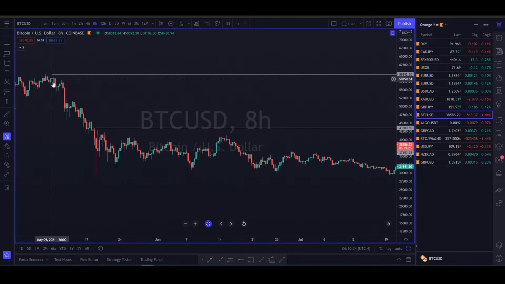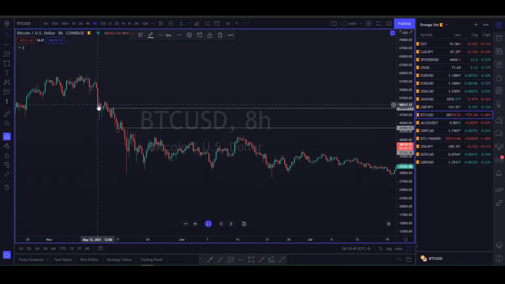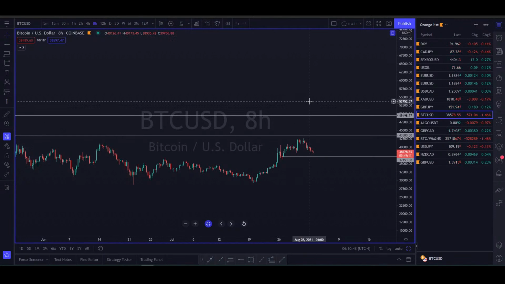And then your next one is up here. Right there. Use the open. And this area was support, right? There's your breakdown, there's your retest, there's your continuation. So those are two areas right there, 43,580, 49,498. Those are areas where you're going to be taking profits if you do get long down here.